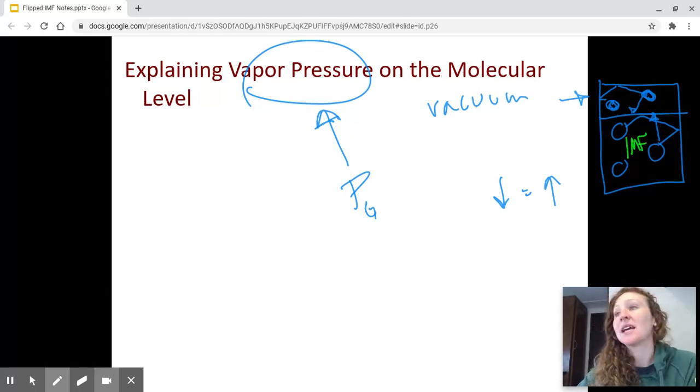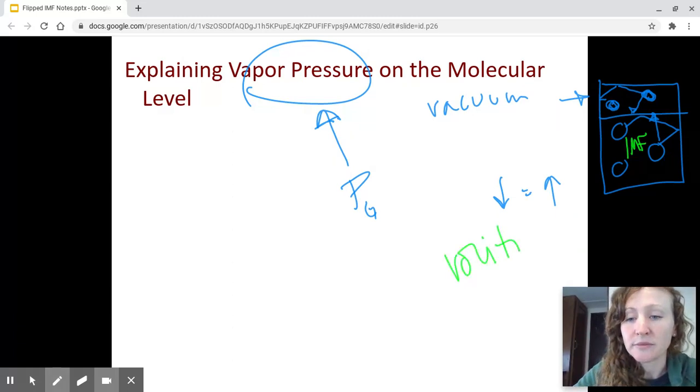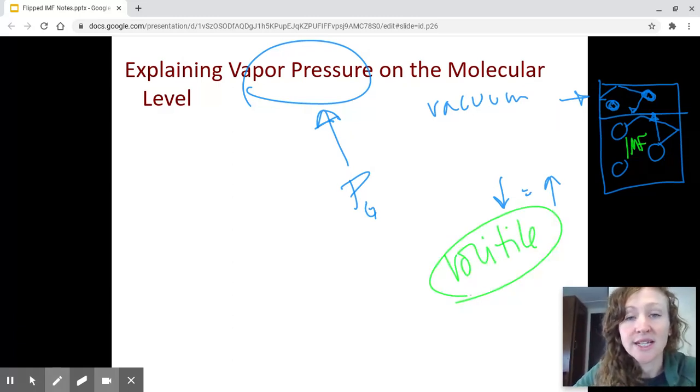And so hexane tends to be fairly volatile. A volatile solution is a solution that establishes vapor pressure very easily. It escapes out of the liquid into the gas phase easily.